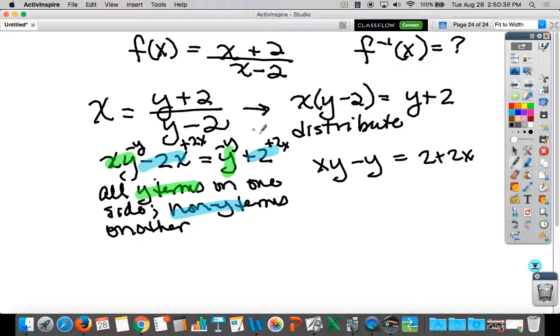Now, the last thing you do is to factor out y instead of an f. Factor out a y.